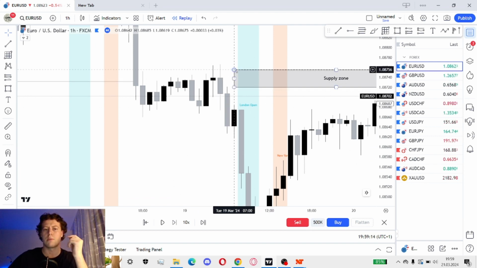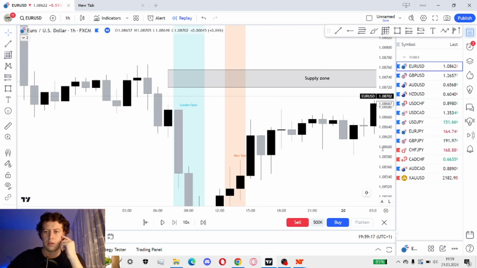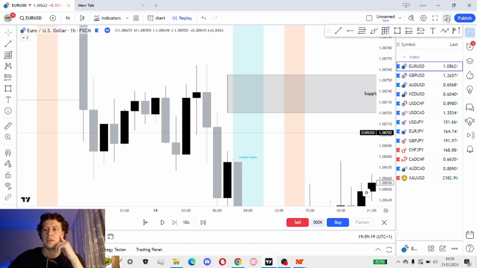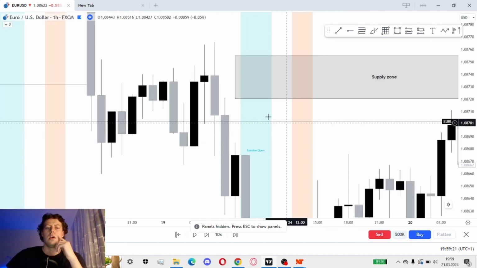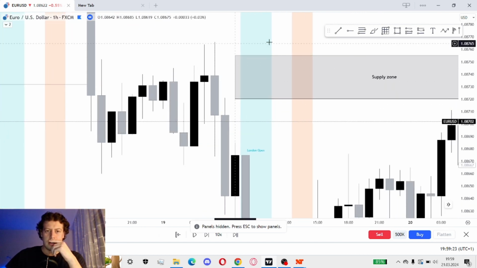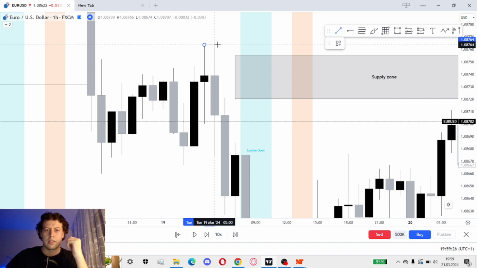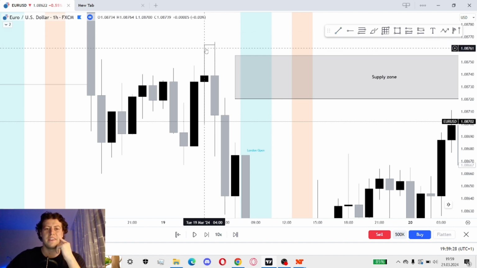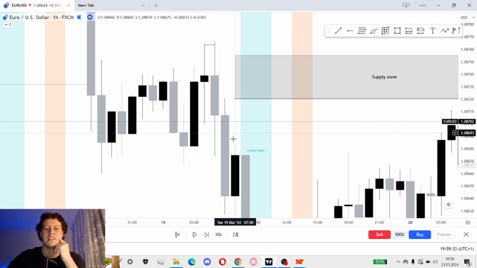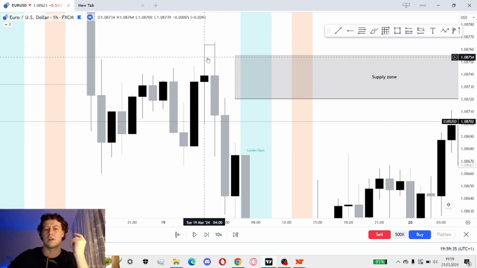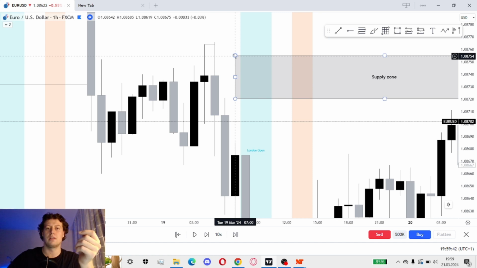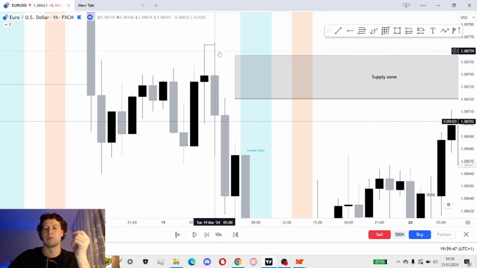This is normally our supply zone, but I will extend it, and if I draw it this way, this candle even takes the liquidity and then it goes up. This is a higher probability. I saw a video about it, and this is a better candle, a better confirmation, a stronger and more probable supply zone.